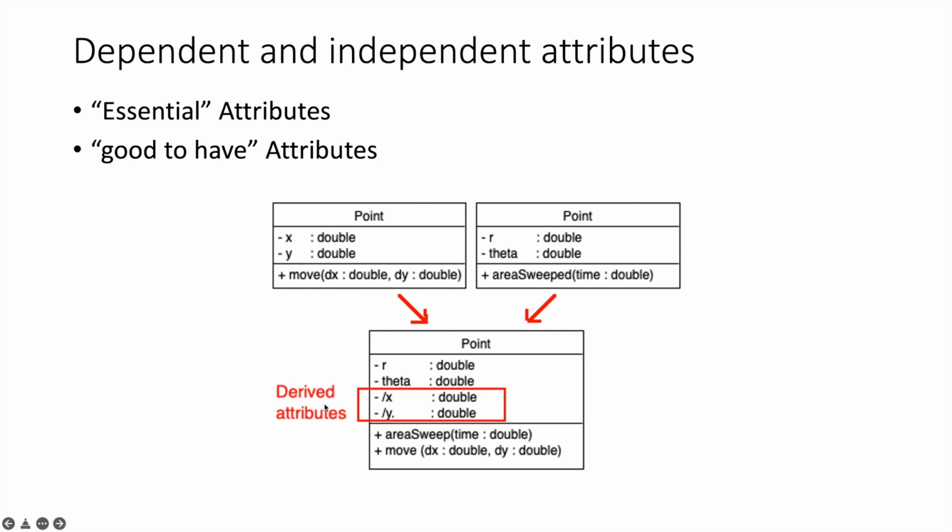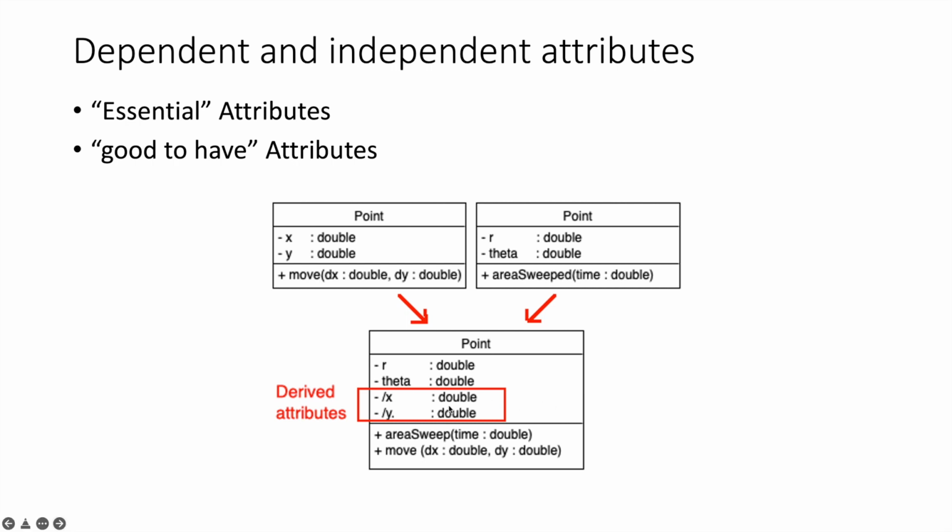So derived attributes we need to make sure that we represent separately in UML. So you will find r and theta are essential attributes, whereas x and y are good to have attributes, but even if those are absent, we can always calculate those from r theta. But if someone wants to reduce the calculation time, then maybe this pair can always be kept ready with a point at all given moments.